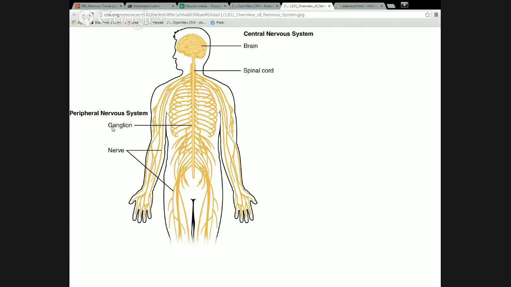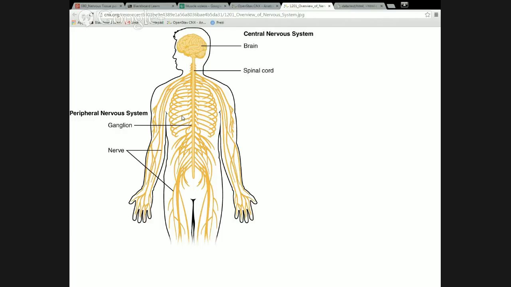Now, they have a much smaller, much simpler nervous system than we do, but they get by with just these kinds of structures. What makes vertebrates different from invertebrates is the development of the brain and spinal cord. And so we have this central nervous system that's a special adaptation of the whole vertebrate class of animals.